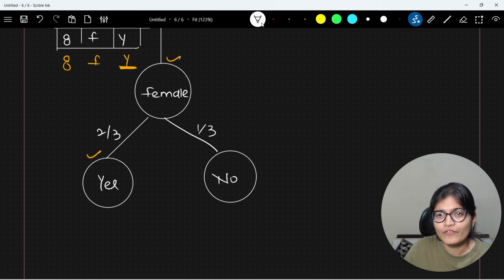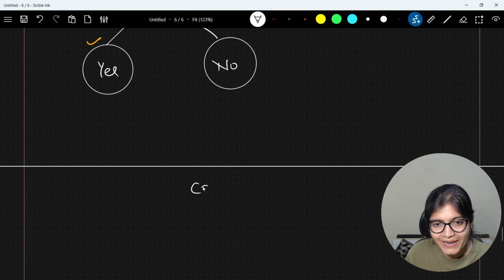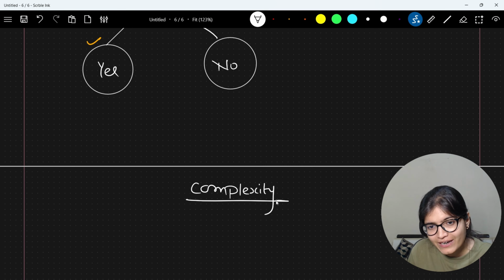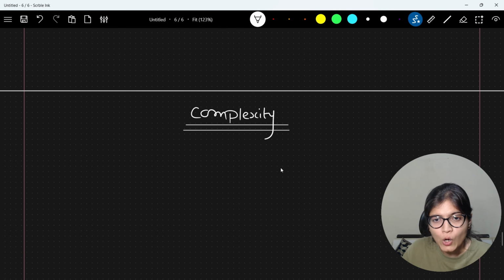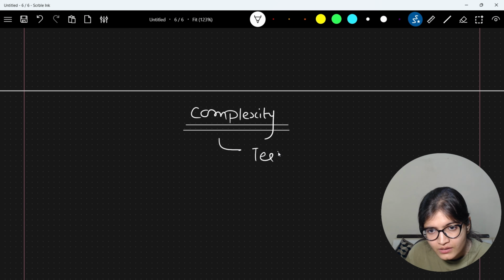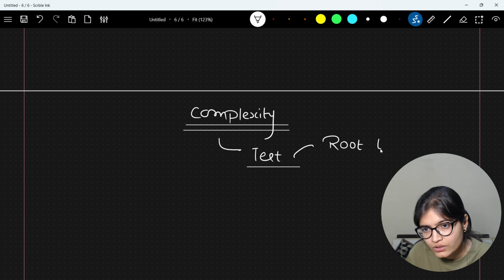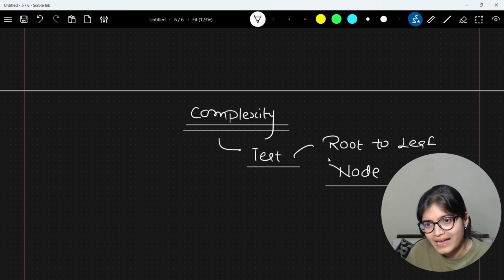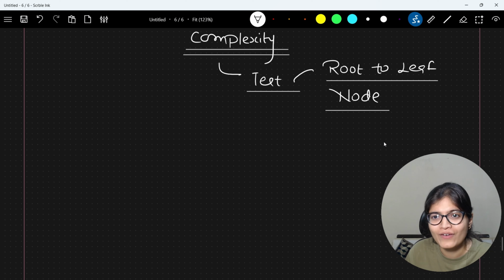So whenever I'm talking about the complexity part, it's very important to understand for every algorithm what the complexity is. Now, whenever you are trying to test the data, you have to traverse the decision tree from root to a leaf node, because at the leaf node itself you will get the final answer.